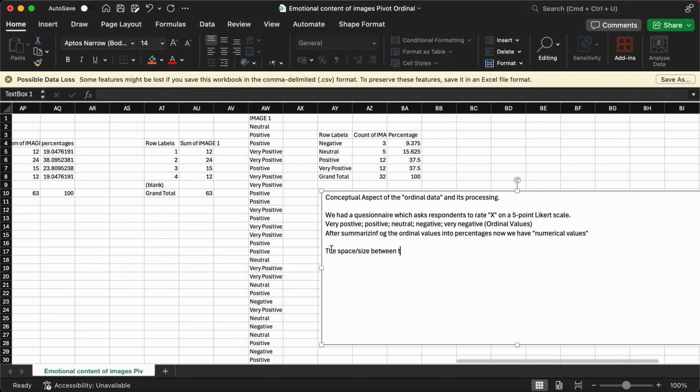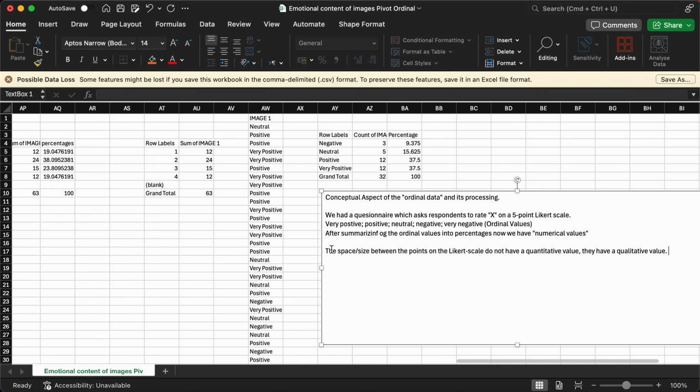The points on the Likert scale do not have a quantitative value. They have qualitative value intrinsically.